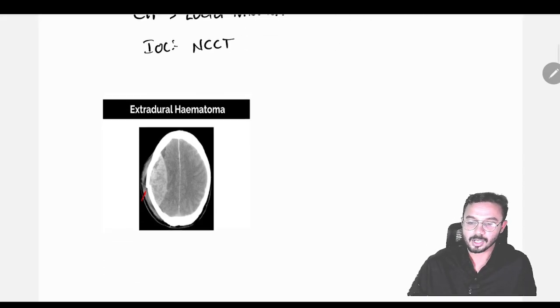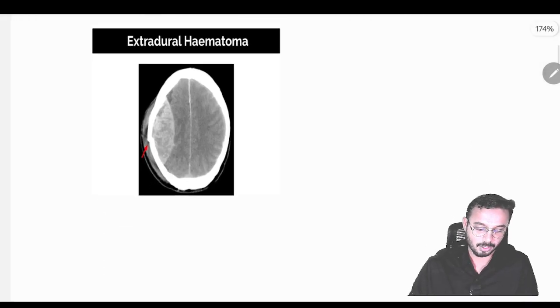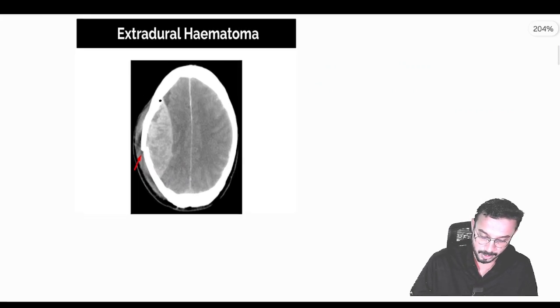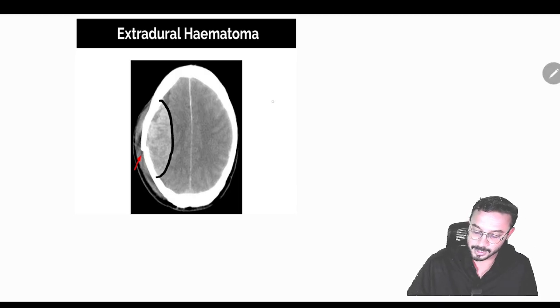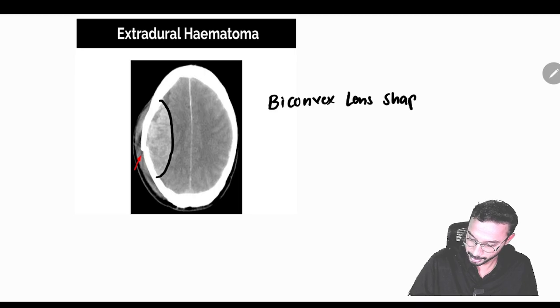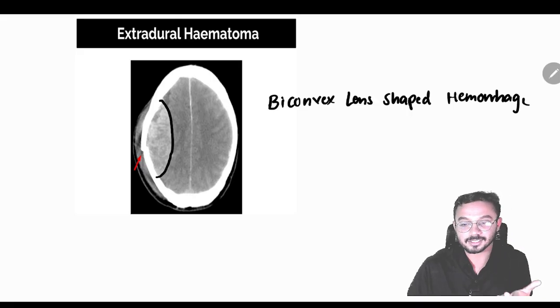Okay, so I did a CT over here, and look at this shape. This is a biconvex lens shaped hemorrhage. Which is found in extradural or epidural hematoma.